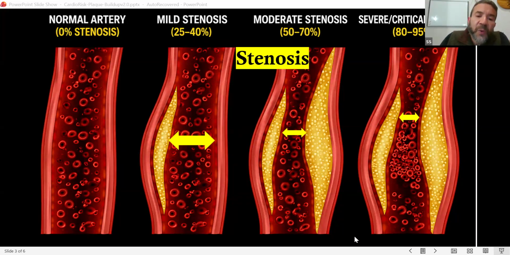So this is why imaging becomes extremely important, because two people can have the same degree of narrowing, but very different plaque stability, and hence very different cardiovascular risk. And we're going to see more of this in the next slide.